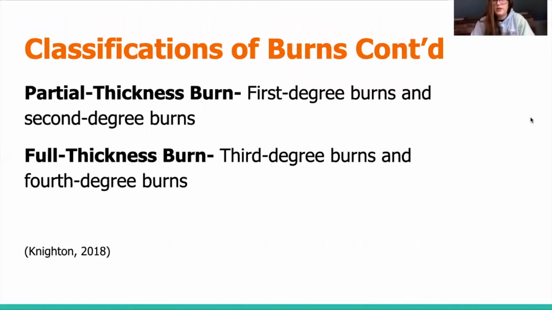So a partial thickness burn includes first degree burns and second degree burns. With a partial thickness burn, there are different amounts of damage to the epidermal and dermal layer of the skin. Regeneration is possible because there are some viable skin elements still present. And full thickness burns include third and fourth degree burns. Full thickness burns involve all skin elements and subcutaneous tissue.